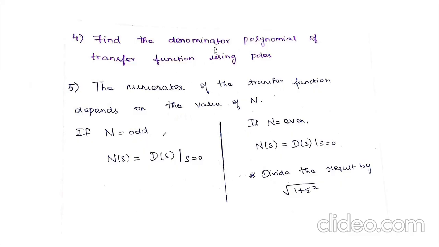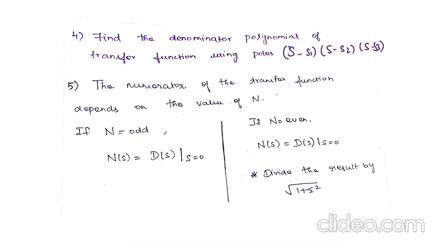Now we will find the denominator of the polynomial using this formula, that is s minus s1 into s minus s2 into s minus s3. Using this formula we will calculate the denominator of the polynomial. All these steps will be clear once you solve the problem. So this is just the outline of the problem.